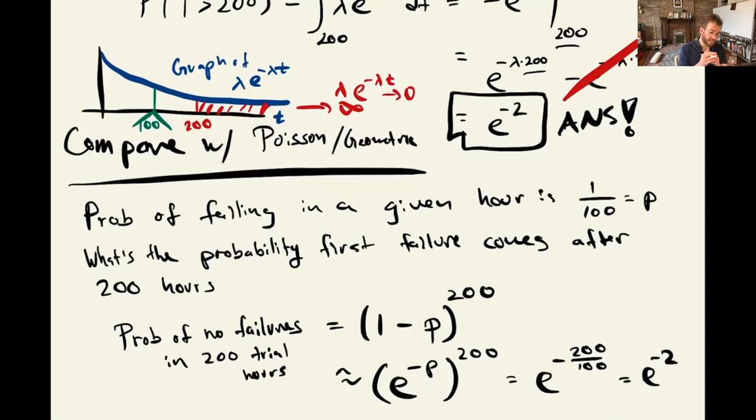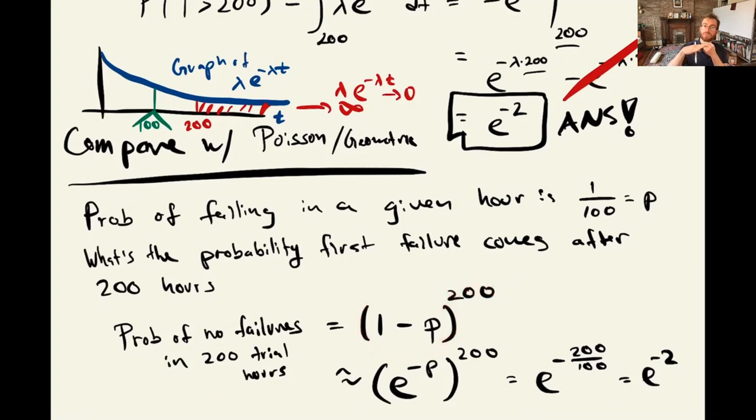Maybe a reasonable thing to say is that if my average lifetime is 100, the probability of failure in any given hour is 1 over 100. So then I can turn this into a discrete probability question, where I ask, what's the probability of no failures in the first 200 hours? Well, I need to take the probability of not failing, which is 1 minus p, and raise that to the 200th power.